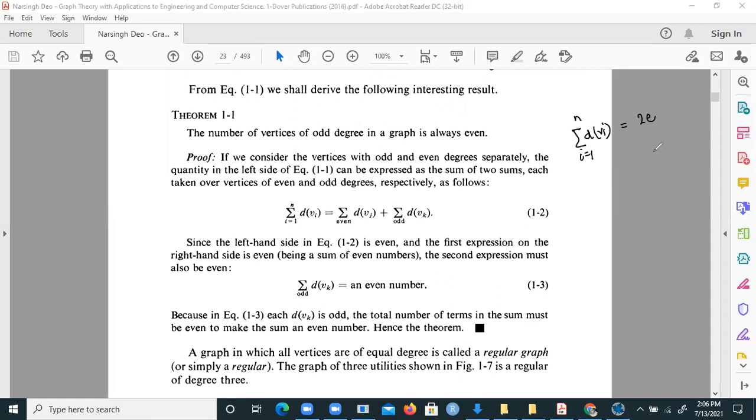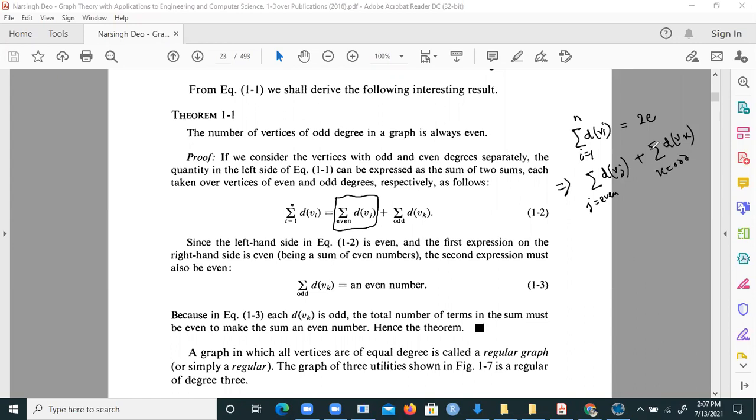Now you can divide this sum into two parts. One part is this one, because this part contains all those vertices which have even degree. Here j is even. And you can divide the rest of the part into those vertices having odd degree.